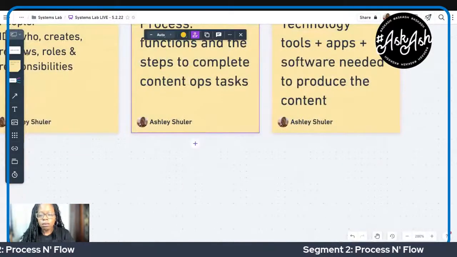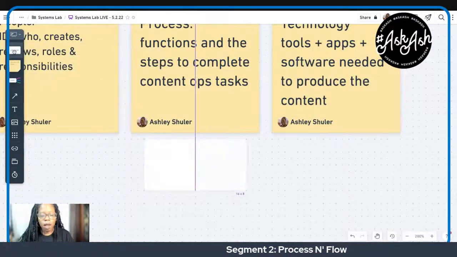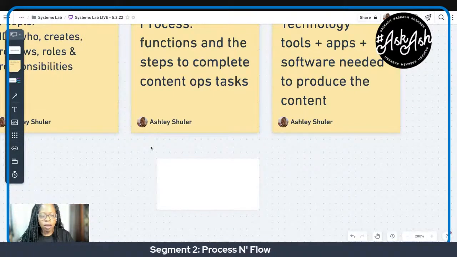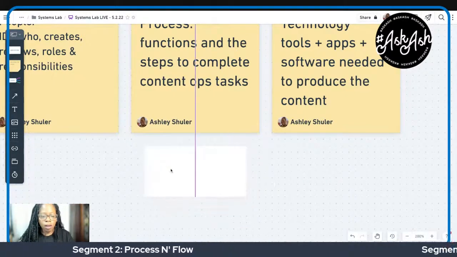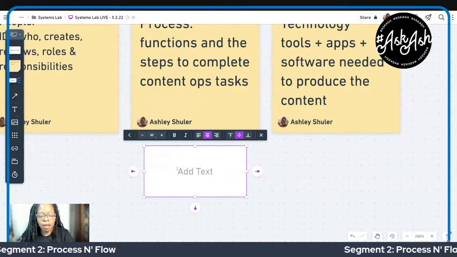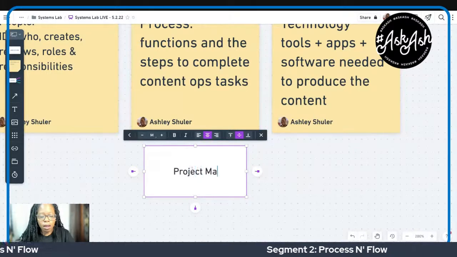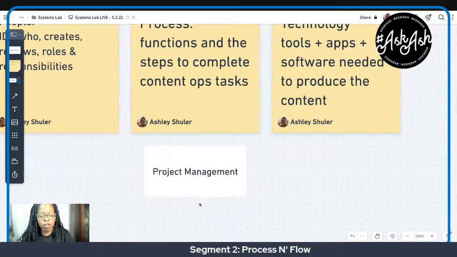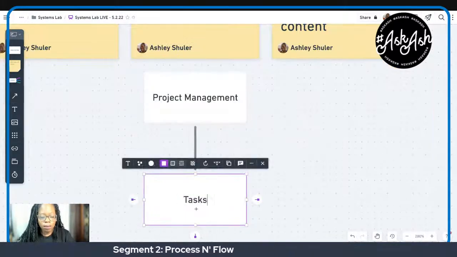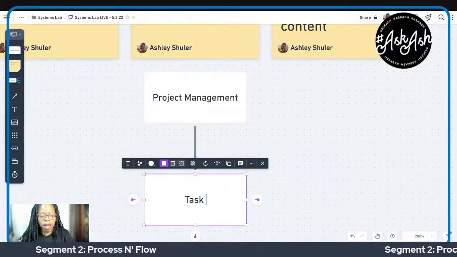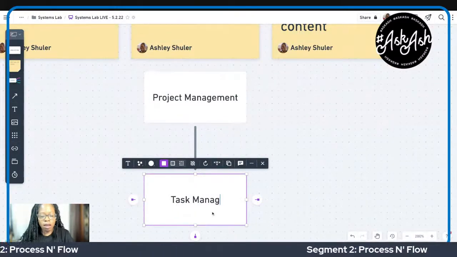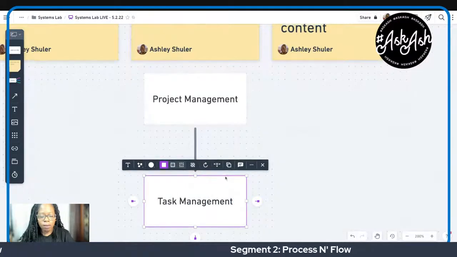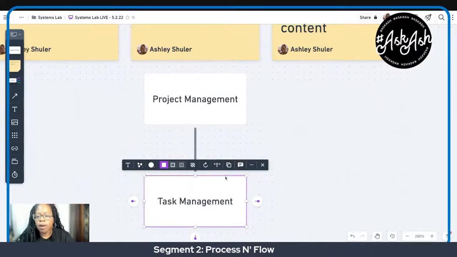I also want to note right here that inside of the process, again, is project management and task management. All right, technology.